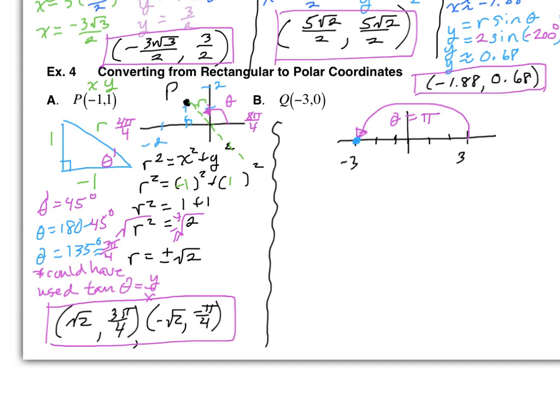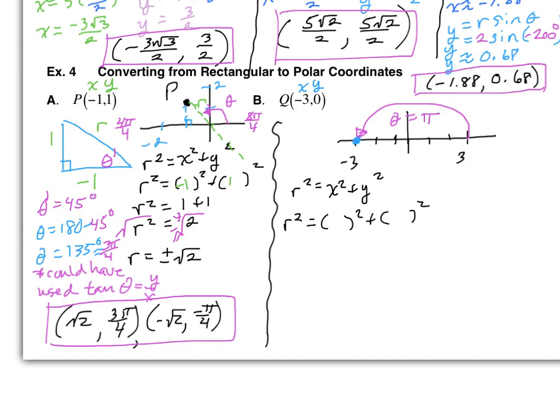And so I know theta, I have to find r. So we're just going to use our formula for r. Once you find it, you're going to go, oh, that was obvious. But again, if you use the obvious, you're going to miss one of your answers. So remember, r squared is equal to x squared plus y squared. On my ordered pair here, this is my x and this is my y. So r squared is equal to, we're going to plug in our values for x and y.